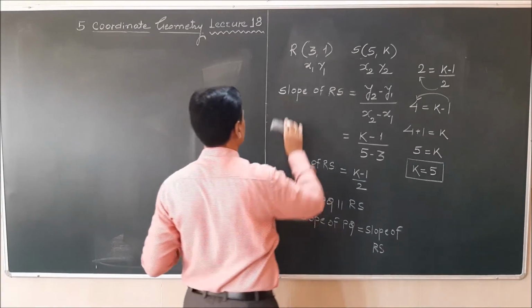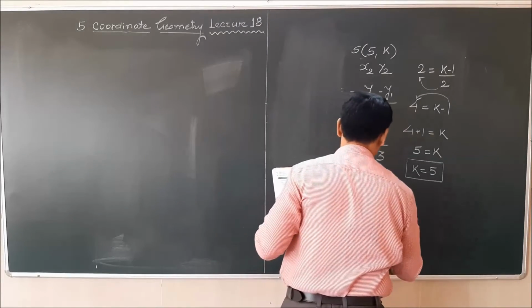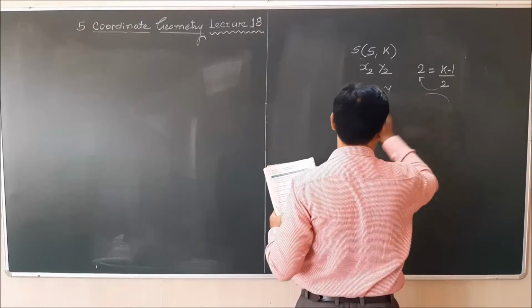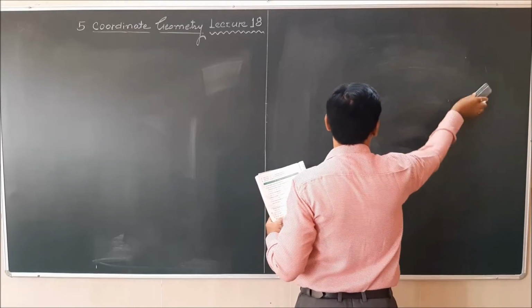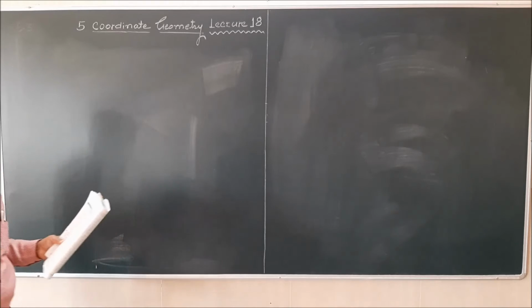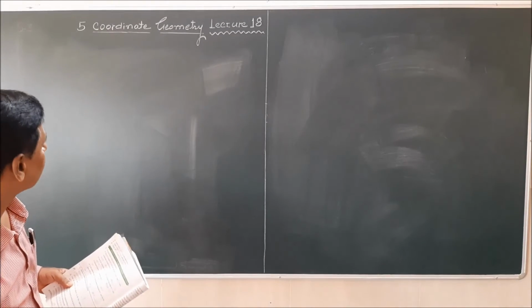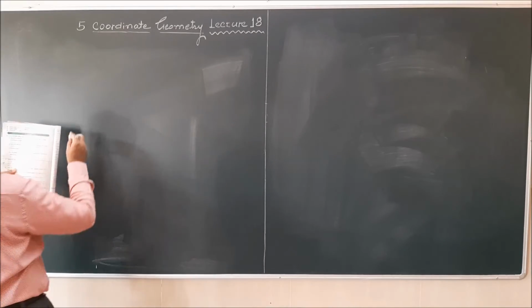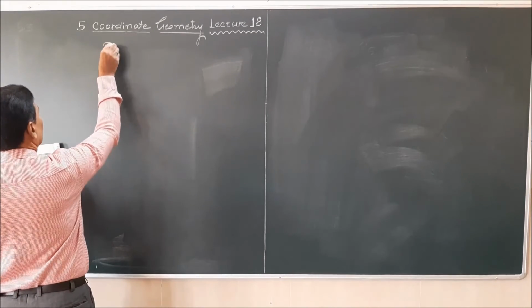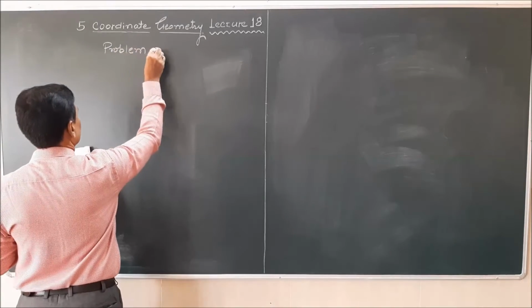So you'll get here answer of 1. There are 4 options given for answer. First question is AB is parallel to y-axis. So if I write this way, first one I write over here, problem set 5.